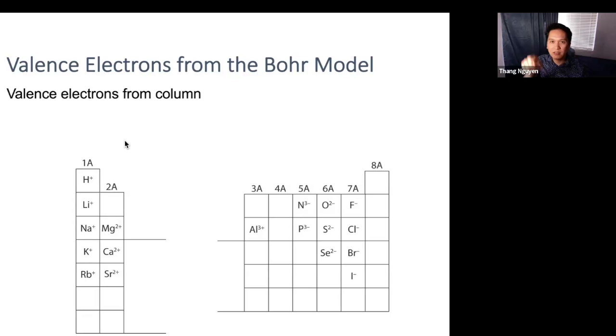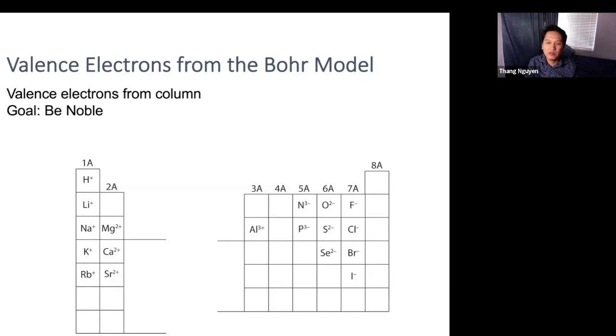Instead of drawing the Bohr model for every single element and then seeing what's on the outside, to get the valence electrons, you just look at the periodic table and say, what column are they in? If they are in the first column, 1A, one valence electron. In the second column, 2A, two valence electrons. Third column, three valence electrons. 4, 5, 6, 7, etc.